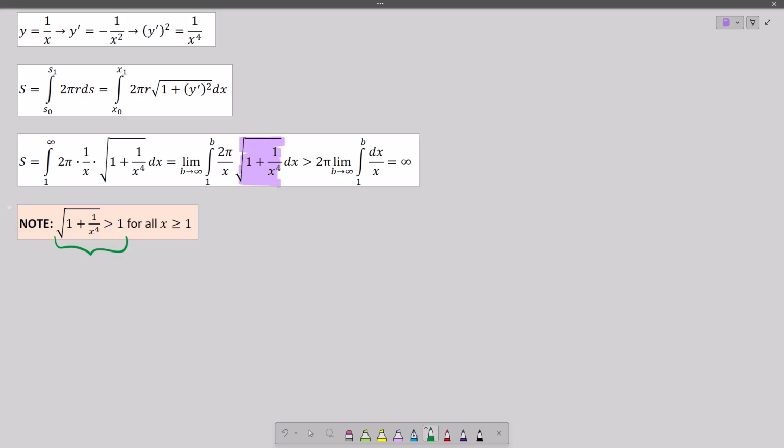You only get to a number smaller than 1 if you take the square root of a number smaller than 1, the square root of 0.9, 0.8, 0.7, right? If this number on the inside of the square root is always bigger than 1, then the square root of it's always bigger than 1. So if we take away this number that's bigger than 1, we're going to have a smaller value.